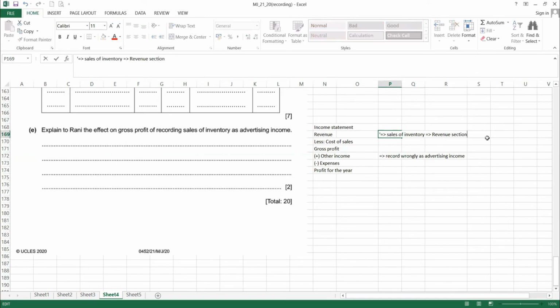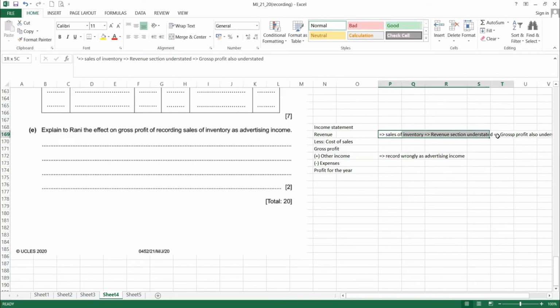So this one, the revenue section, will be understated. When revenue is understated, gross profit is also understated. Okay, there is the impact on the gross profit.